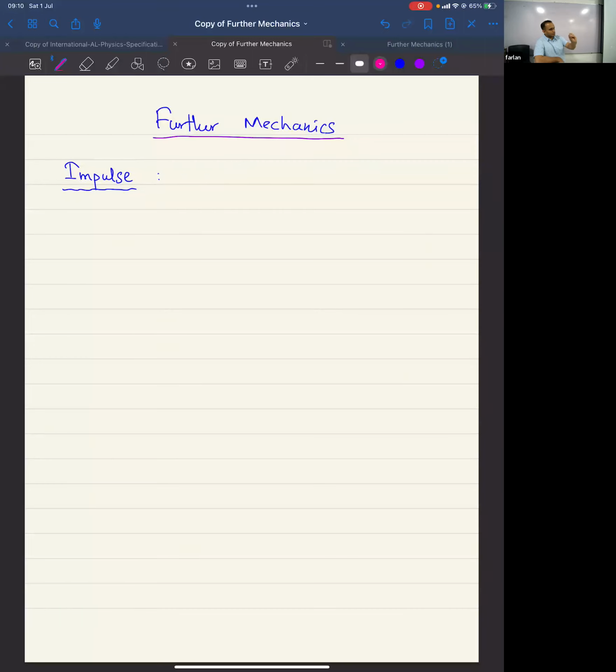The product of the force and time is what you call the impulse. I repeat, the product of the force and time is the impulse. Let's say I apply 10 newtons, and my palm is in contact with the table for 0.2 seconds. Then the impulse is 10 newtons into 0.2.